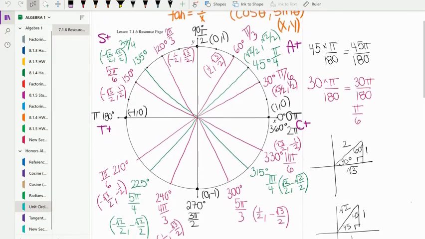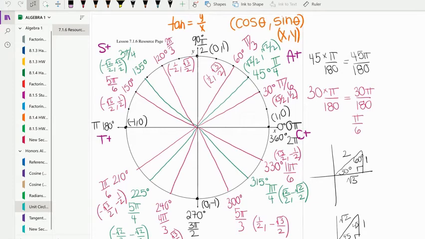Another example of tangent would be if I asked you to find the tangent of 135 degrees. So right here, we would do y over x, which is root 2 over 2, divided by negative root 2 over 2, which ends up being just -1.